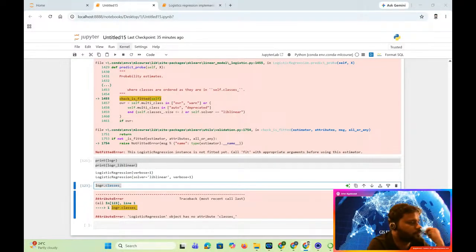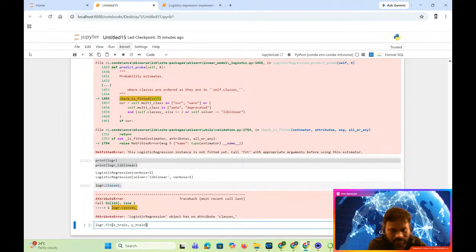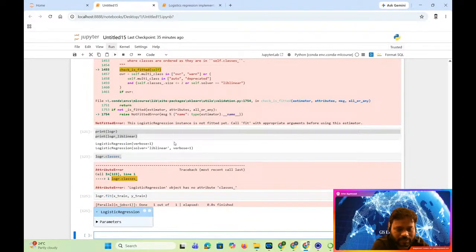So when a model is successfully trained, then the classes attribute will be created. So first I have to fit this one, then check what will happen. Now fit.